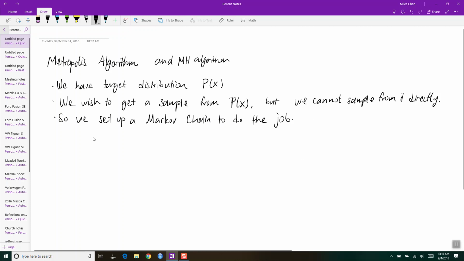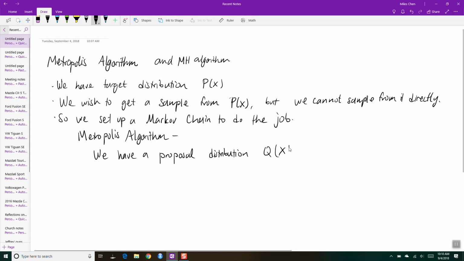And the way this will work is, with the Metropolis algorithm, we have a proposal distribution, Q of x prime given x sub k.